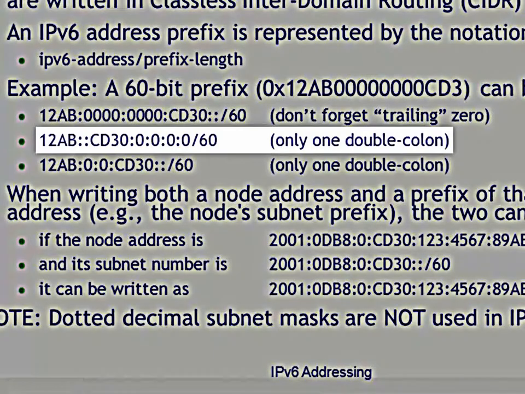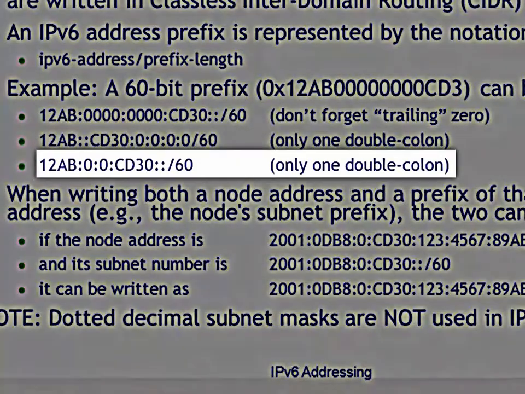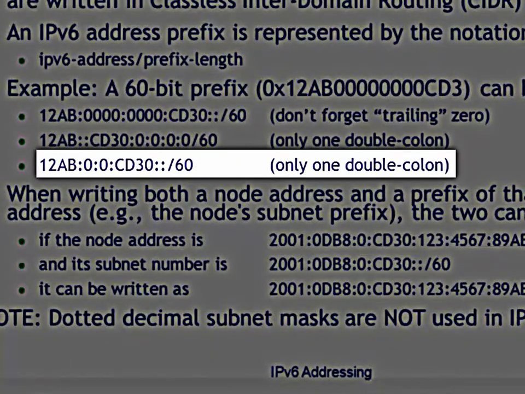In the second example, double colons have been inserted to represent the two 16-bit blocks of 0, but of course that can only be used once. And because all the trailing bits in this prefix are 0, in other words the interface portion, which we'll talk more about later, is just represented by zeros, we can use the double colon to compress the end of the address instead of the beginning, because there are more zeros actually being compressed.